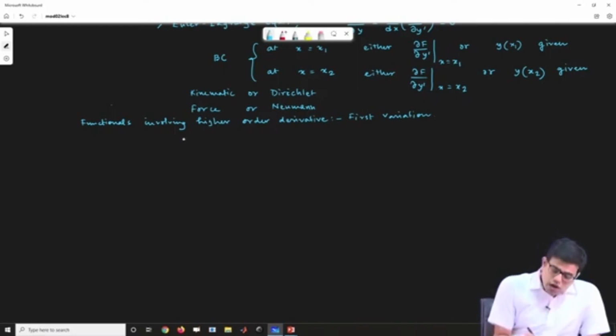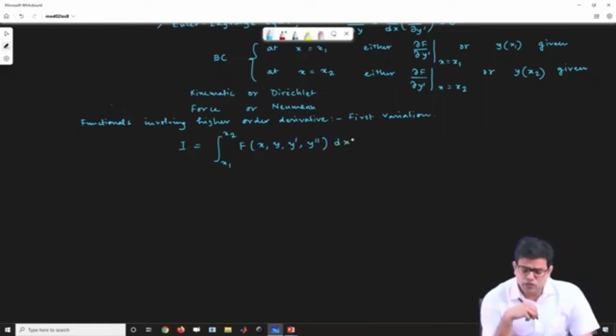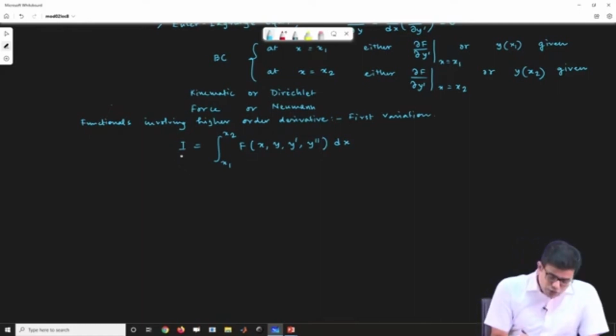Let us choose, in a similar way, the functional I as the integral of f of x, y, y prime and y double prime. In the same way that we did for the first order case, I will go directly instead of step by step.